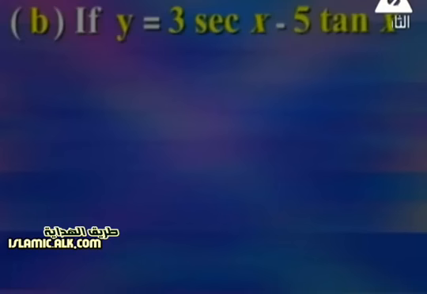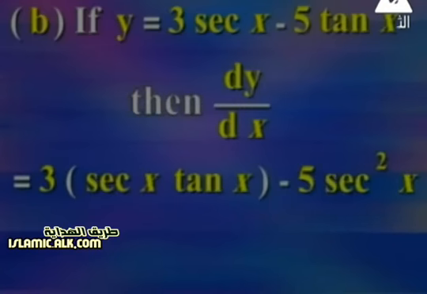Number B, if y equals 3 sec x minus 5 tan x, what is dy over dx? What is the differentiation of sec?